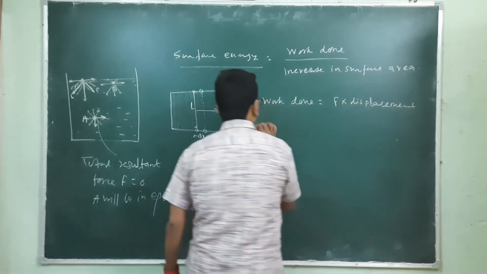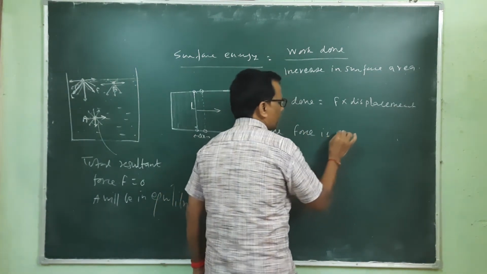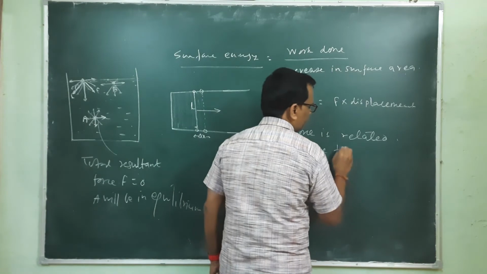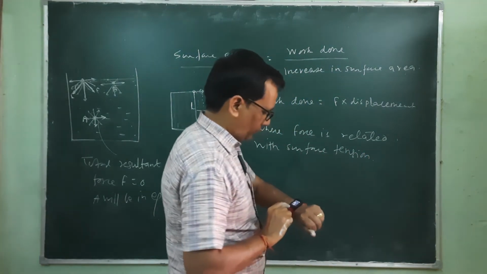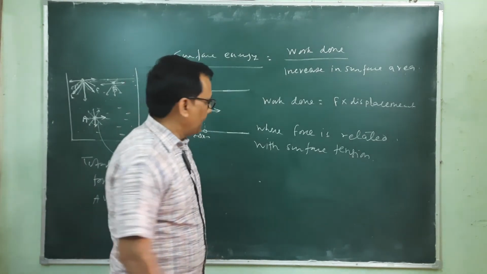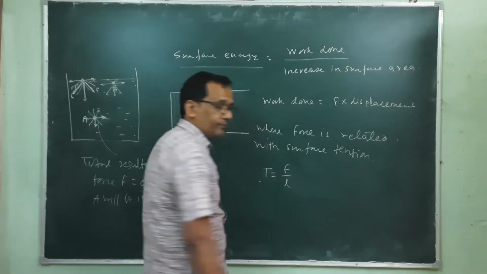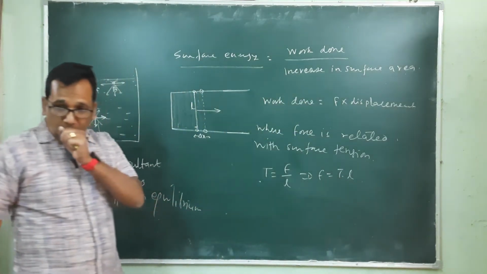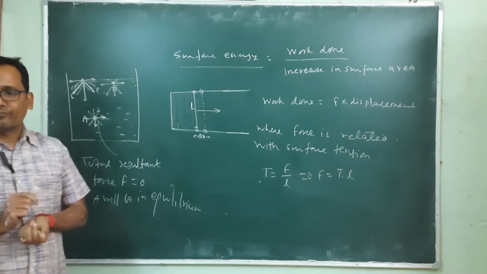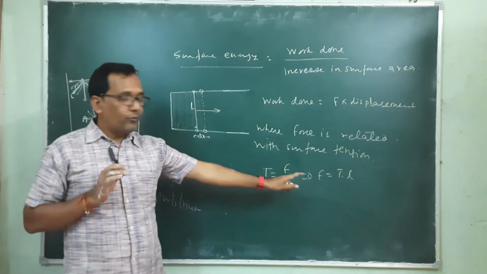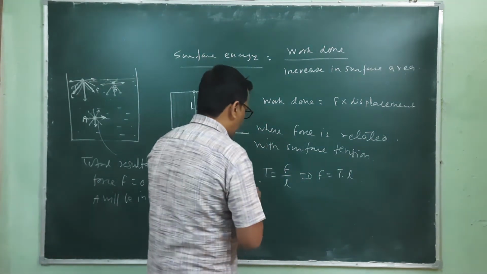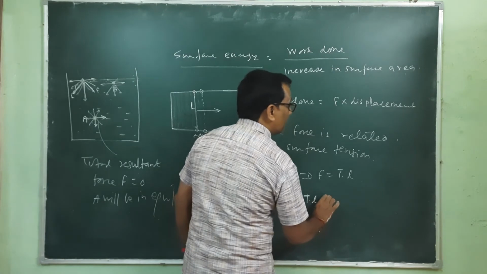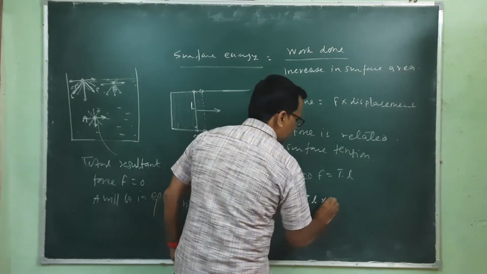The force is related to surface tension, and the surface tension T is equal to force by L. So this implies force is equal to T multiplied by L. We can put that here, so the work done is equal to T multiplied by L multiplied by delta x.